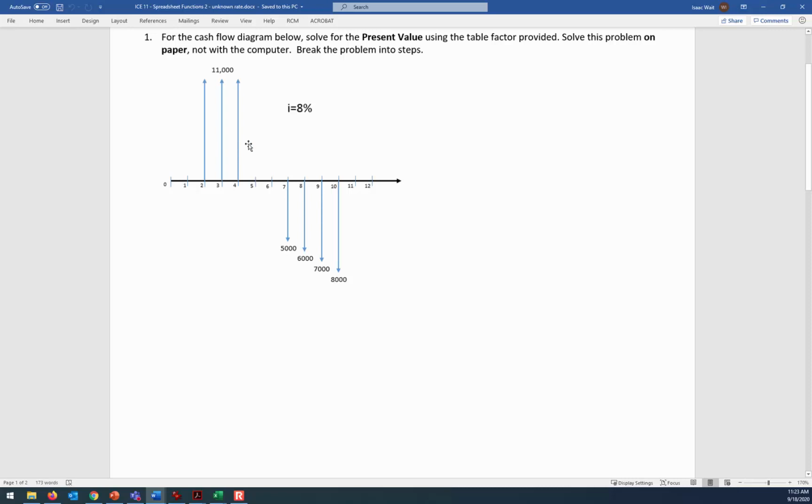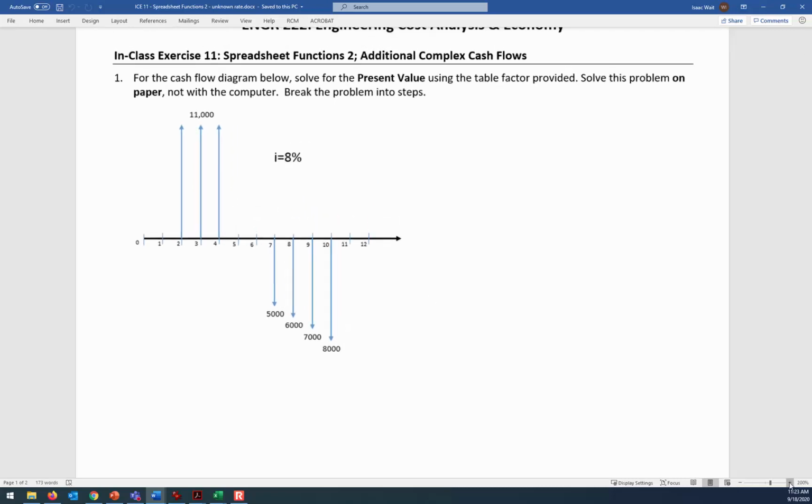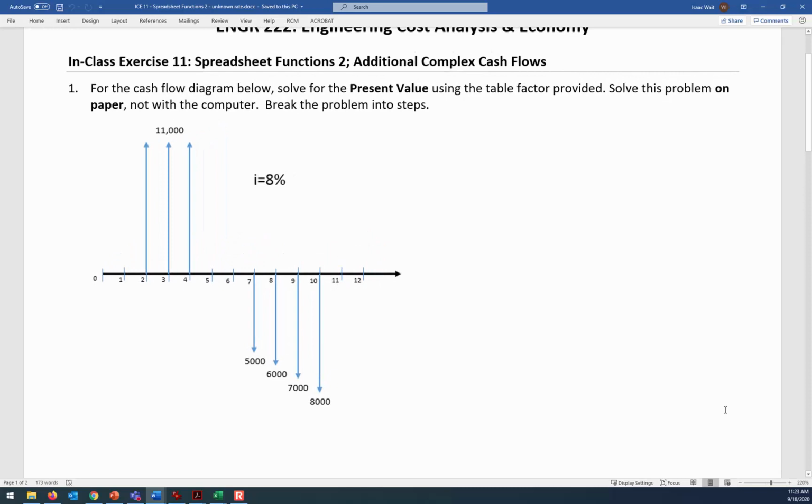And then with this, you'll first move it to year 1 and then to the present. Sometimes, it doesn't matter if you do the inflows first or the outflows first, but in the end, what we're trying to find out is what's the present value of this combined cash flow, take it all to year 0, finding the present value of both the annual series and the gradient.